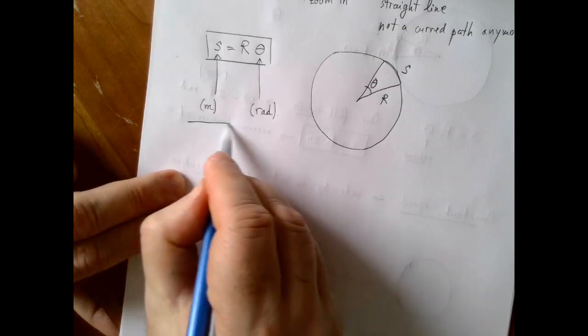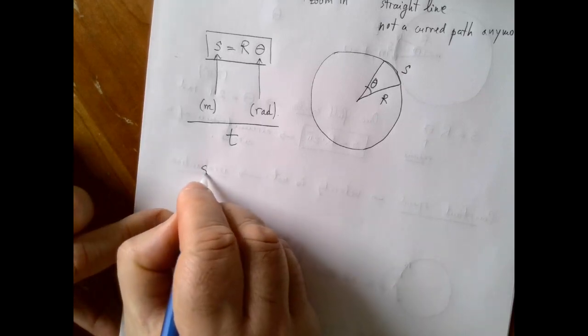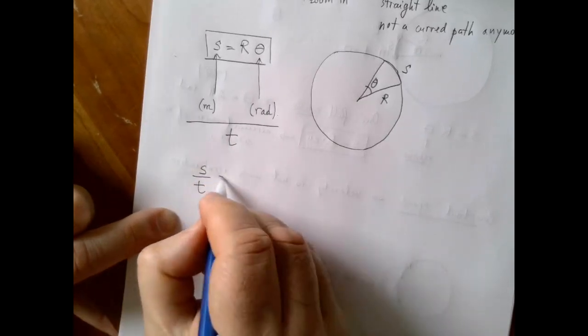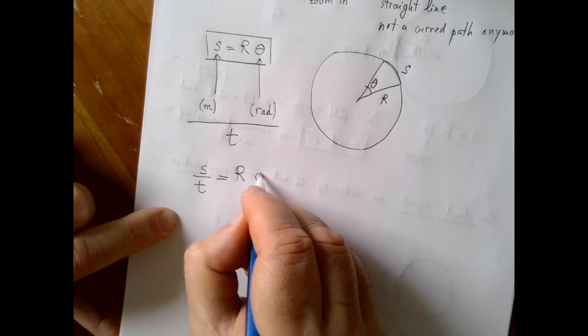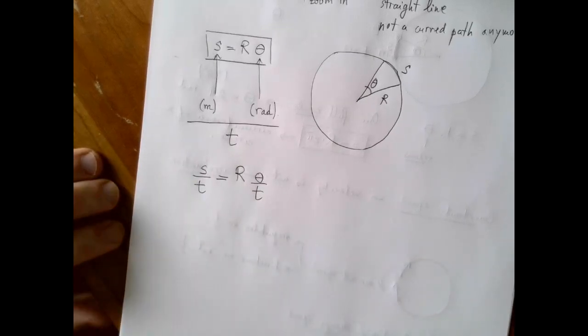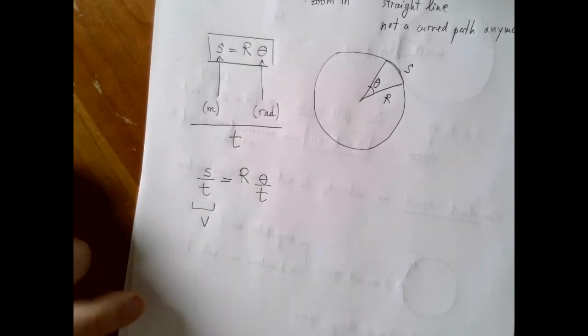Well, let me divide this by time. I will get a distance traveled over time. The radius has not changed. And I have an angle swept over time. This is precisely the speed v.